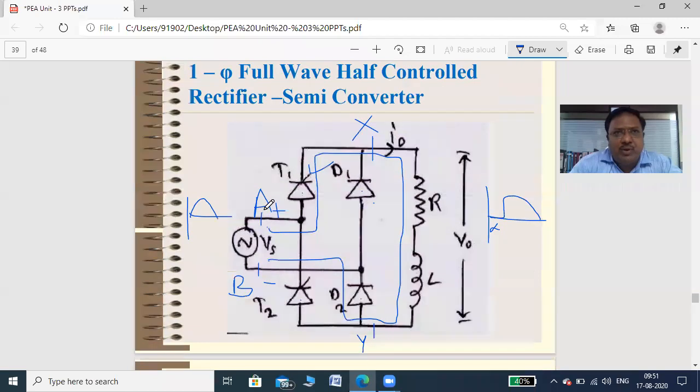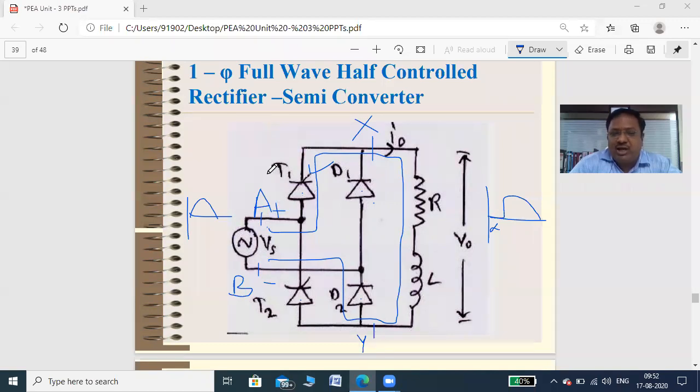What happens during the positive half cycle? A is positive with respect to B, right? So SCR T1 is forward biased, and diode D2 is also forward biased, right? Diode D1 here, D2 here. So T1 and D2 turn on, not T1 and D1. This should be remembered, T1 D2.